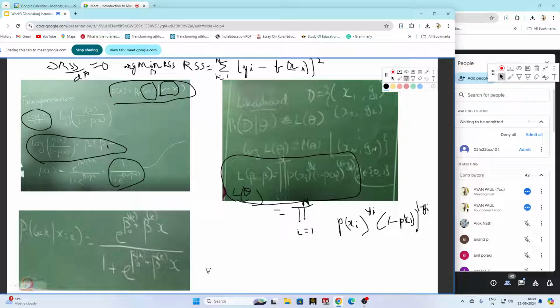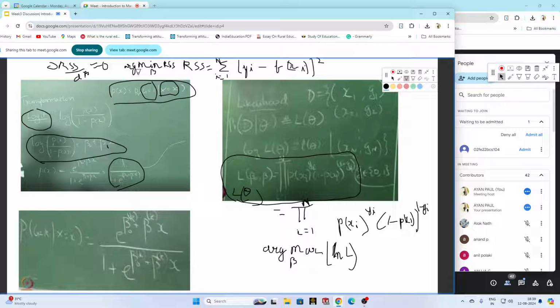But here what we are doing is arg max of likelihood, or somewhere we can also say ln of likelihood, that means log of likelihood with respect to beta. So this is the difference.